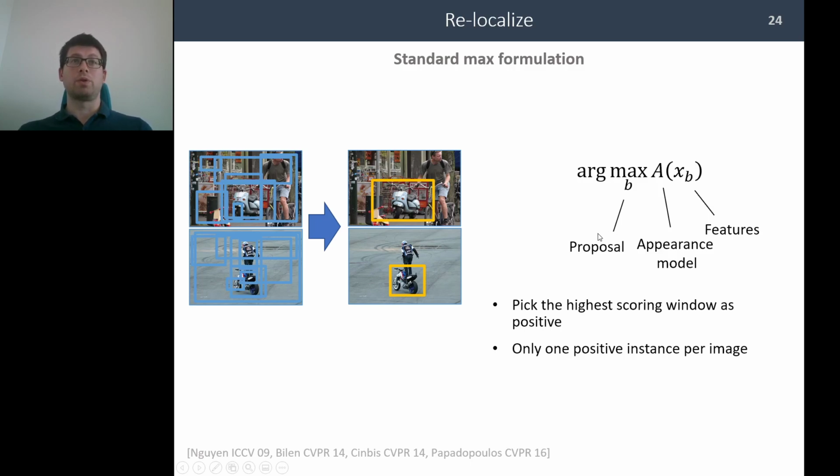For the given proposals, we can simply pick the highest scoring window by using the argmax operation. This is one of the most commonly used methods. One disadvantage of this is that you can only pick one positive instance per image, while there can be many in your image.